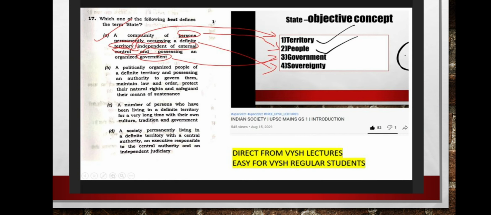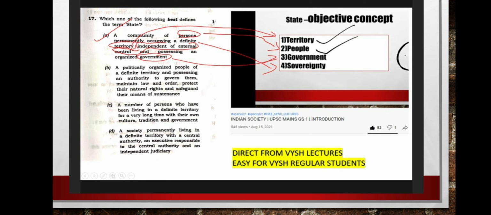Which one of the following best defines the term state? Option A: the community of persons permanently occupying a definite territory, independent of external control and possessing an organized government. Option B: a politically organized people of a definite territory and possessing an authority to govern them, maintaining law and order, protecting the natural rights and safeguarding the means of sustenance.